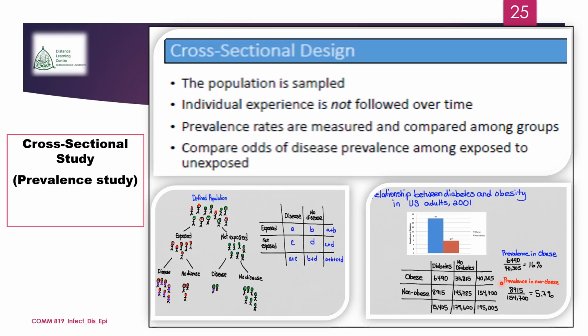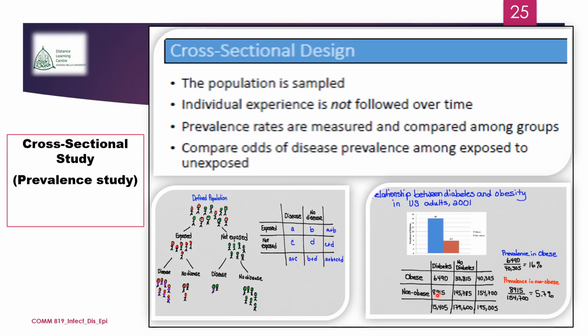So out of the obese, how many came down with diabetes? 6,490. Then out of the non-obese, 8,915 came down with diabetes.